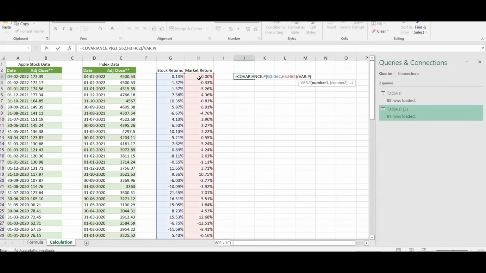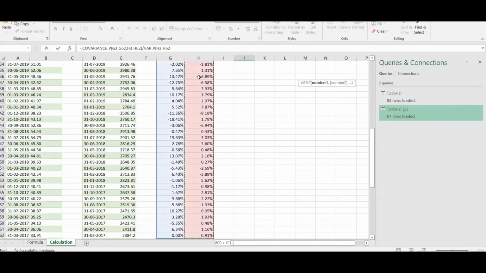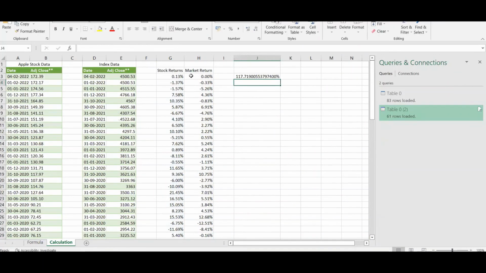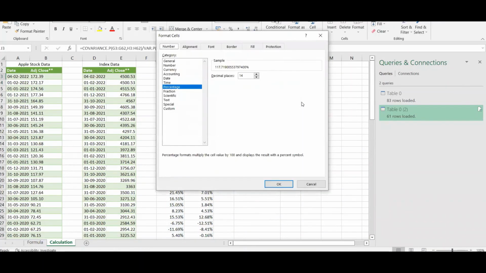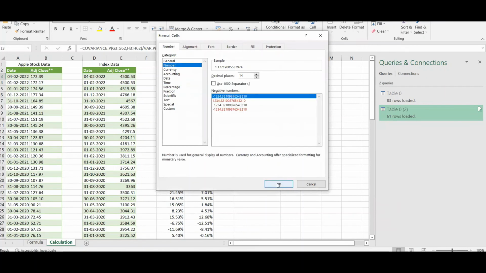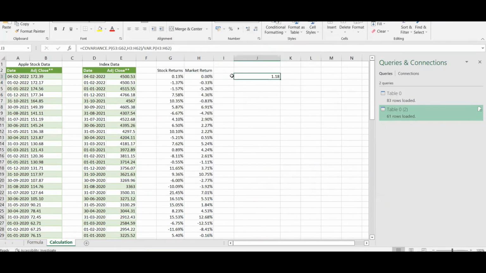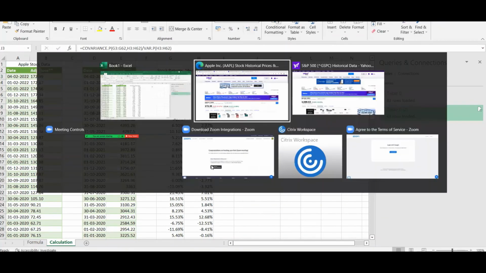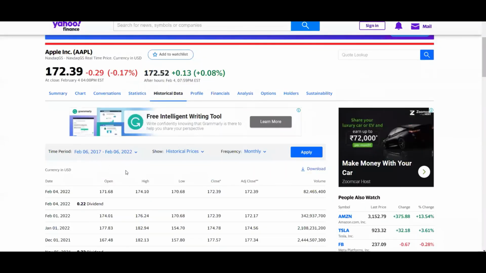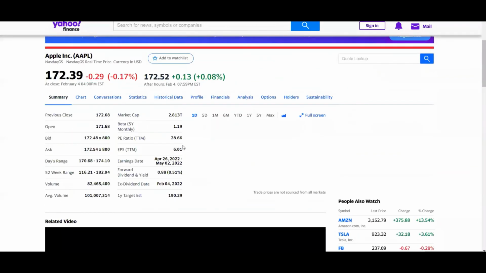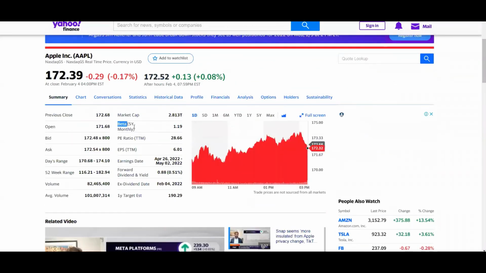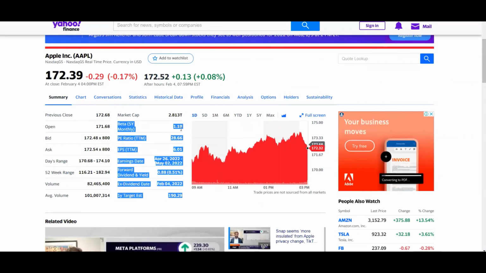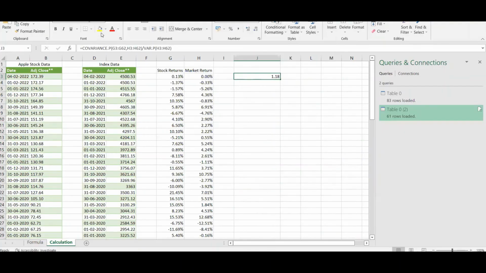Be very careful: the denominator has the variance of the market. So this is your beta. Let me convert this into decimal format. So this is your beta. What was displayed in the summary was a very approximate number, 1.19, so eventually that mimics your calculation.